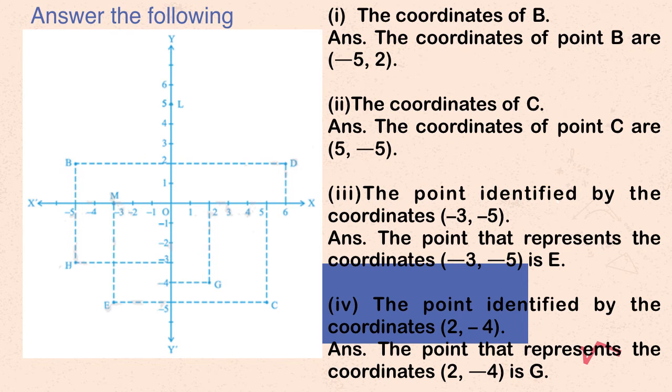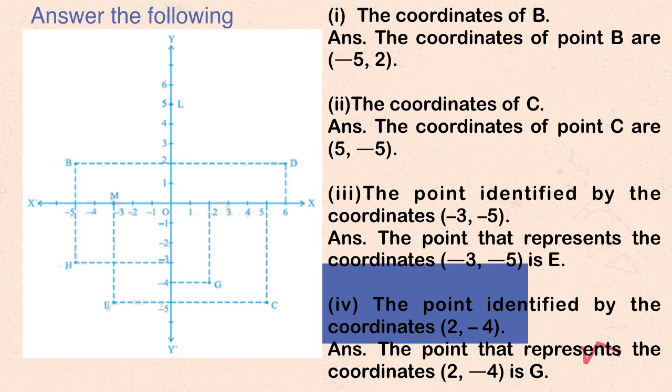The second part of question number 2, the coordinates of C. Can everybody locate the point C on this graph, the diagram given to us? Yes, you can see the point C. Now let's locate the values of its abscissa and ordinate. When it is asked to find the coordinates, it means you have to find both the values, the x value and the y value.